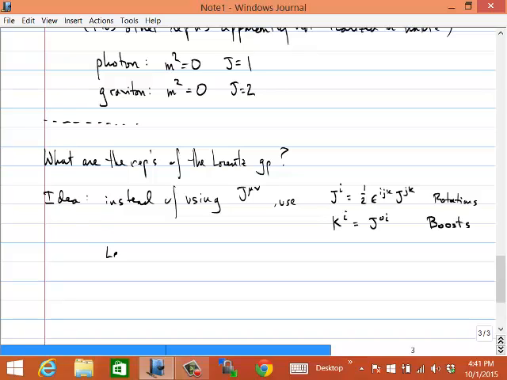And then it's a straightforward exercise to go ahead and rewrite the algebra of Lorentz transformations in terms of these J's and K's. So I'll let you do that on your problem set. But instead what I want to do is a sort of dirty trick.